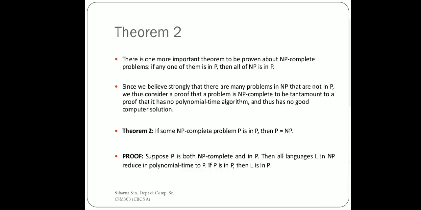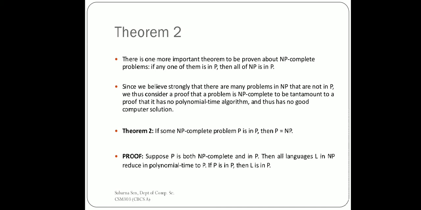Now there is one more important theorem to be proven about NP complete problems. If any one of them is in P, then all of NP is in P, right? But since we already know this, we will just see a one line proof here. You can take some problems and try it on your own. Now suppose a problem is both NP complete and in P, right?